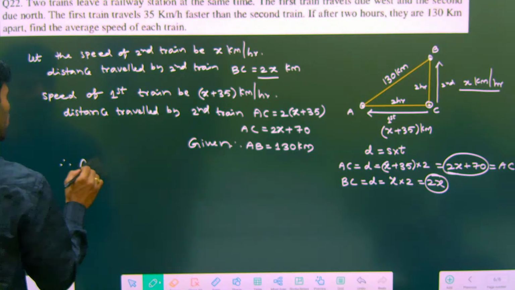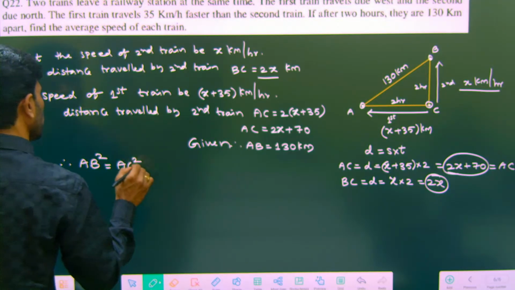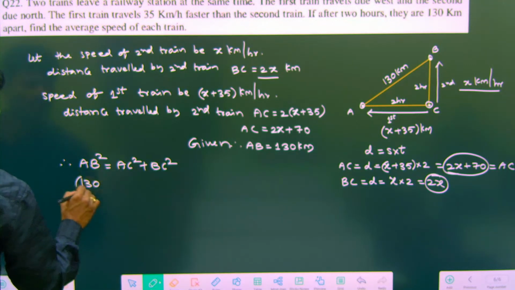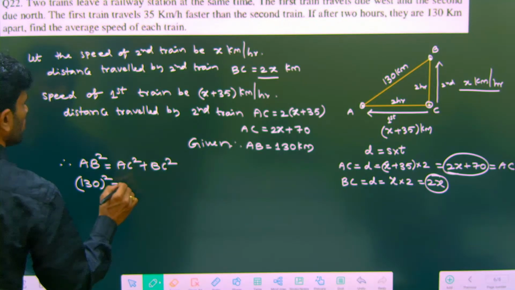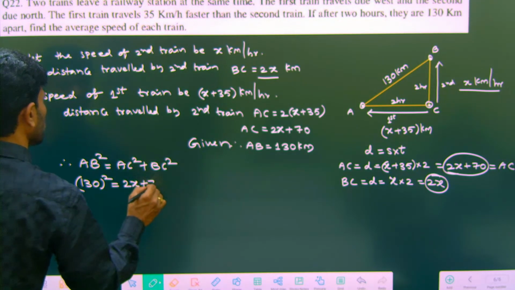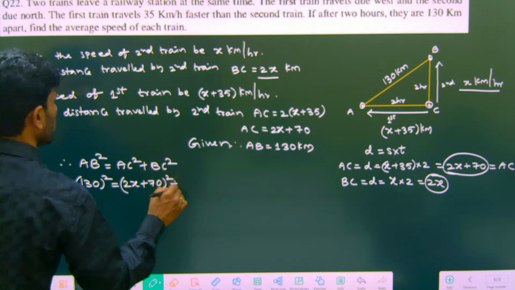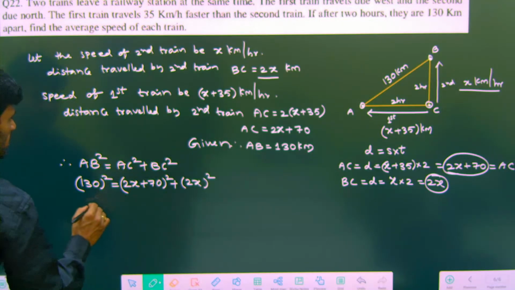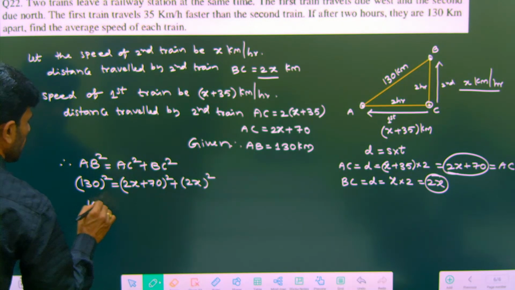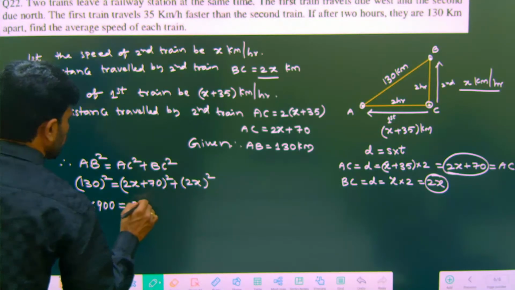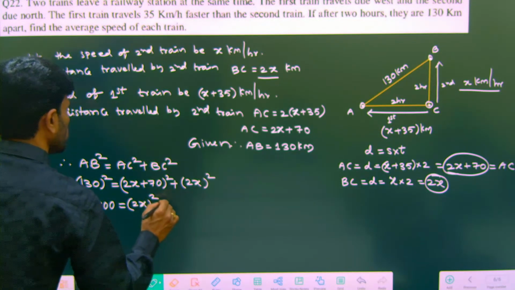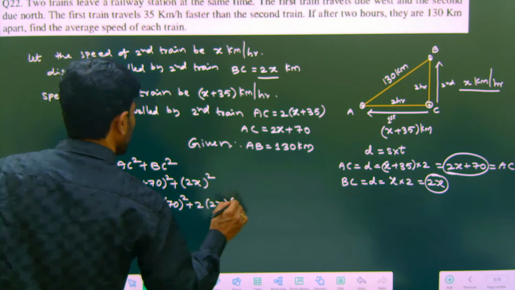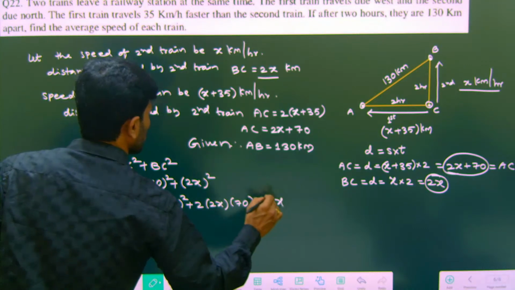Therefore, AB square is equal to AC square plus BC square. So 130 whole square is equal to AC, which is (2x plus 70) whole square, plus BC, which is (2x) whole square. If you expand, 16900 is equal to (2x) whole square plus 70 whole square plus 2 into 2x into 70, which is 280x, plus again (2x) whole square.